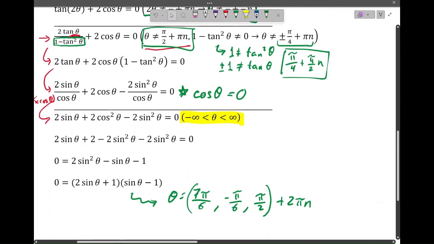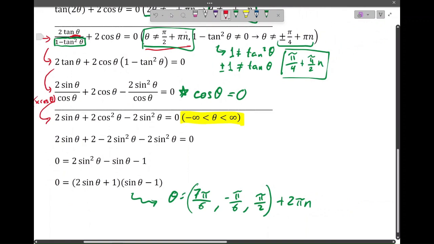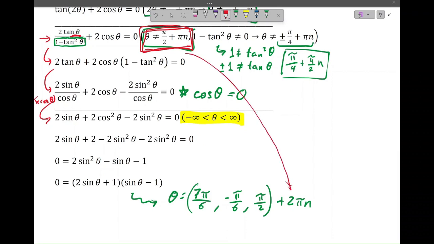But again, we said up top here, well, hang on. I thought you couldn't allow the angle to actually be pi over 2. Right. So this is why it helps to check. If you go back in time and actually check each of the solutions, they do actually work.